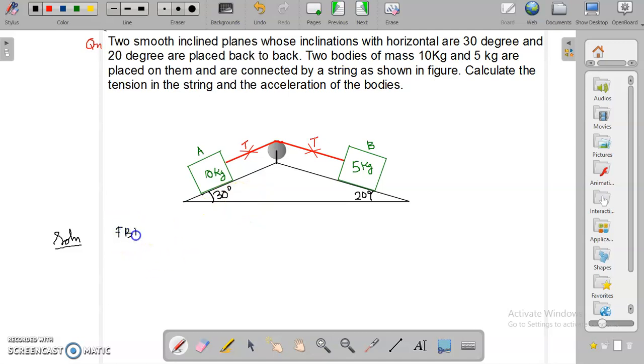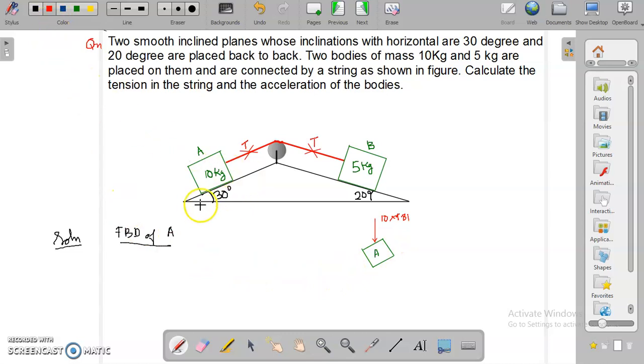First of all, the free body diagram of mass A. So this is mass A. Now the weight is acting vertically downwards, which is 10 into 9.81.